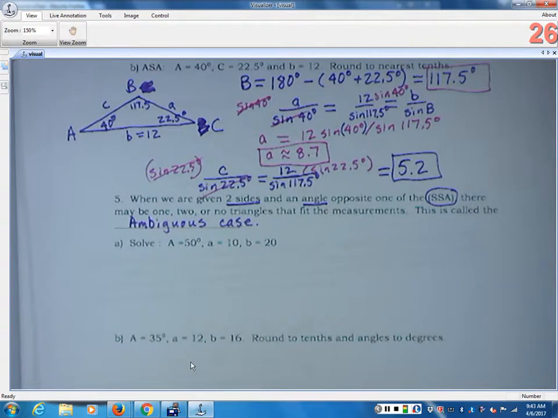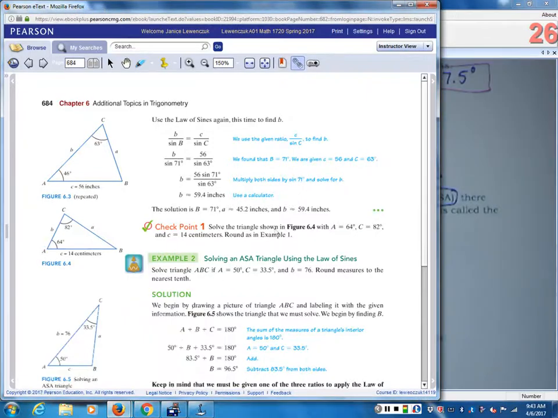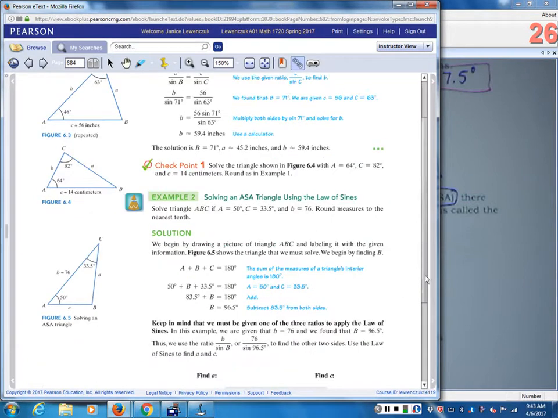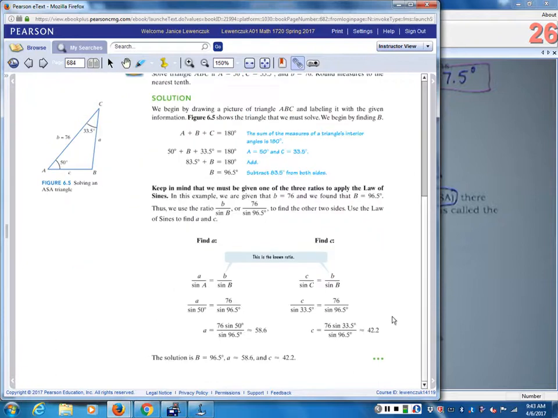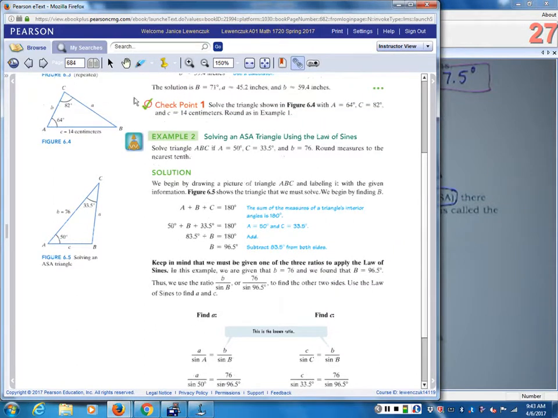Let me show you the picture of the book. I just filled in the ambiguous case notes, so these notes are basically doing the checkpoints for you. I even wrote the page number: page 685.